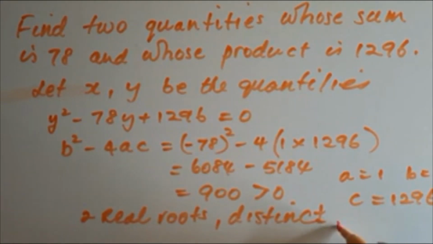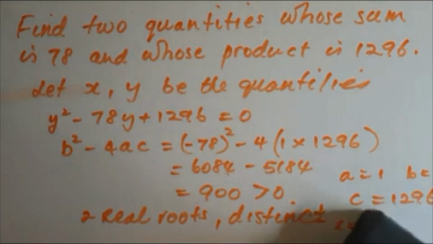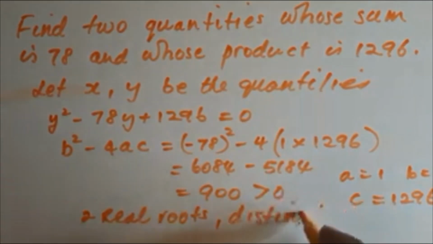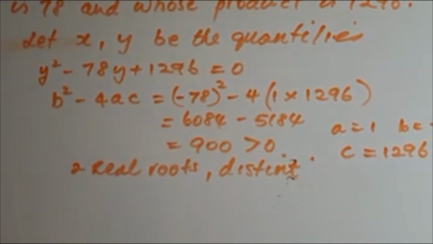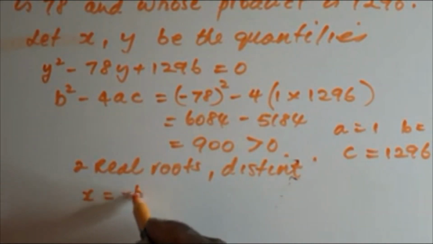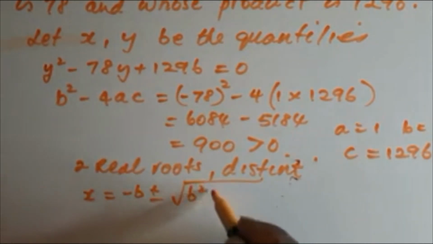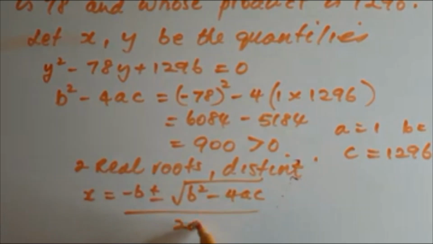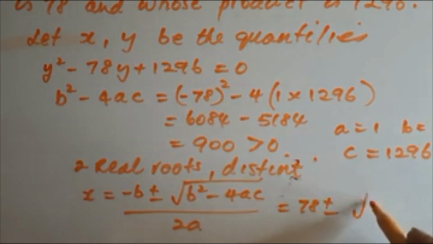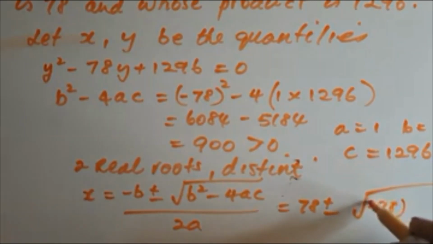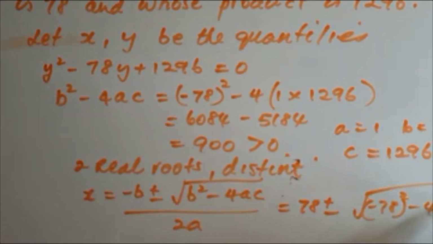Our formula: x is equal to minus b plus or minus the square root of b squared minus 4ac, divided by 2a. And if we plug in our values, we have 78 plus or minus the square root of minus 78 squared minus 4 times 1 times 1296.